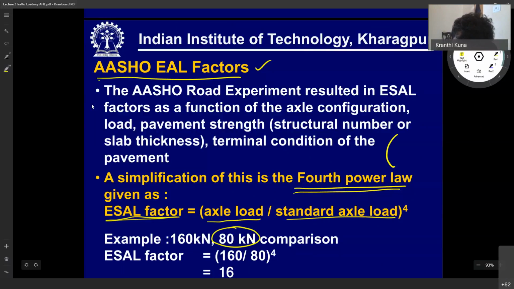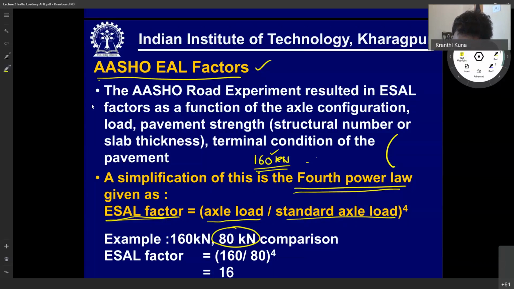Say you want to find out the damaging effect of a 160 kilonewton axle relative to our standard axle of 80 kilonewton.